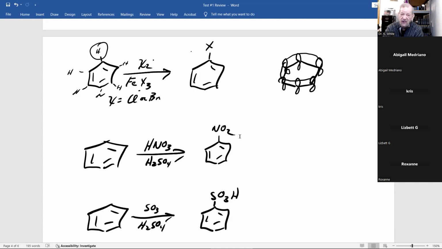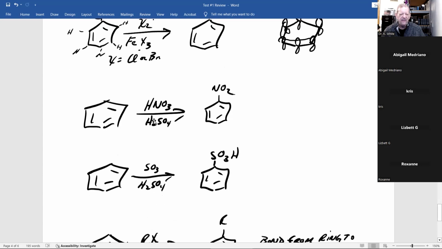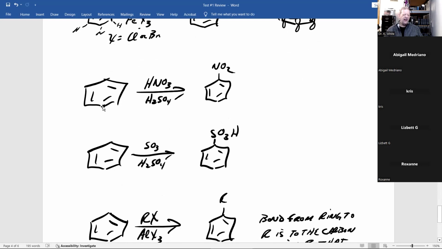Since none of you are planning on being organic chemists, I'd rather spend more time on things later on, like fats and oils, carbohydrates, and proteins, than on what's called directors for electrophilic aromatic substitution. And therefore, the only two reactions I can give you on a test is when X is either bromine or chlorine. Now, the next one is nitration.